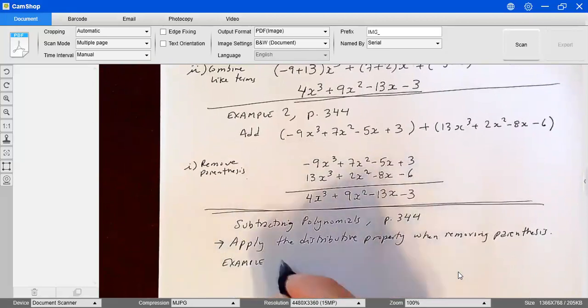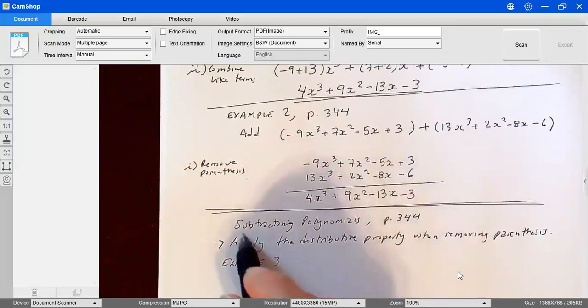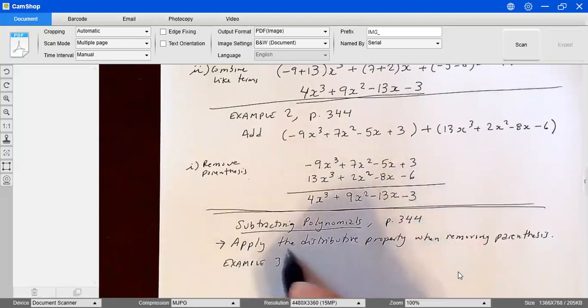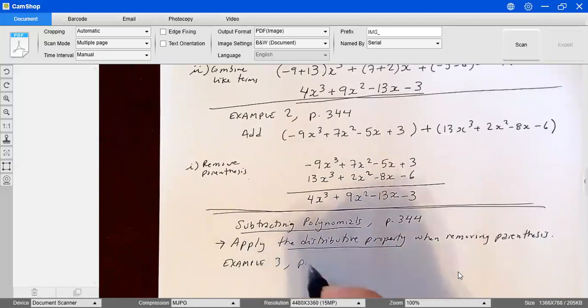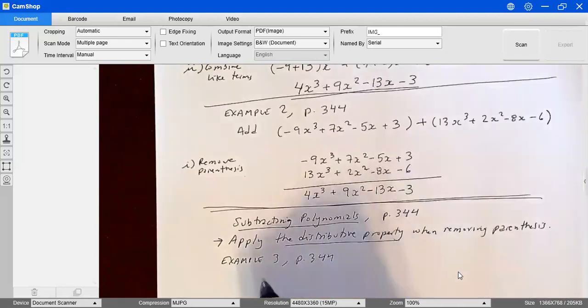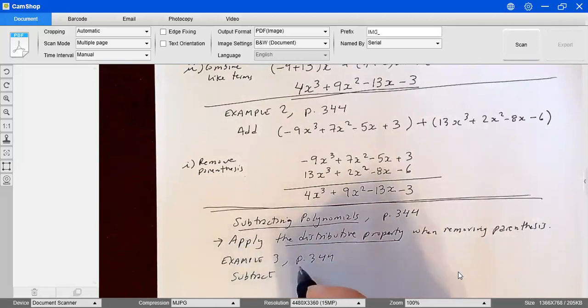Example 3 is on page 344. I'm going to subtract. We have the operation indicated here.